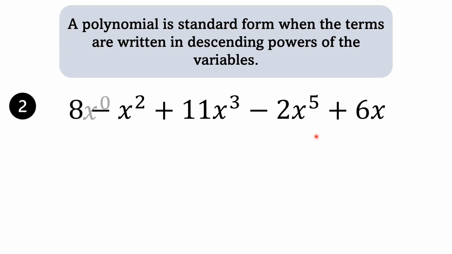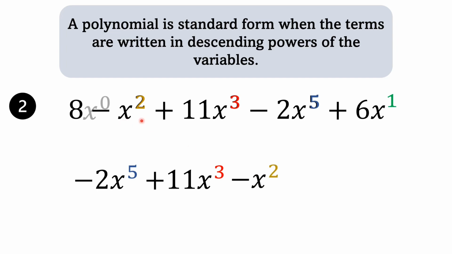So it's negative 2x raised to 5, and then followed by, so there's no power of 4, so the next one is plus 11x cubed and then minus x squared, then plus 6x, and then the constant term plus 8.